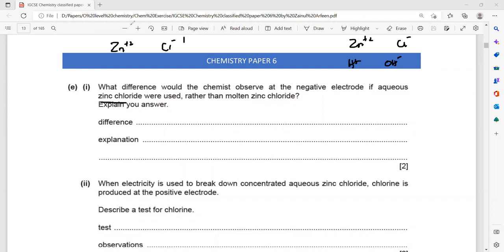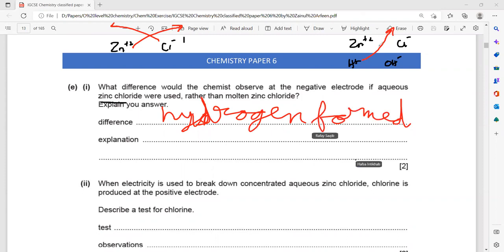So during electrolysis, chloride ions will move and zinc ions will move. But here what will happen? Hydrogen will move as it's less reactive than zinc. So there will be a difference in the observation.